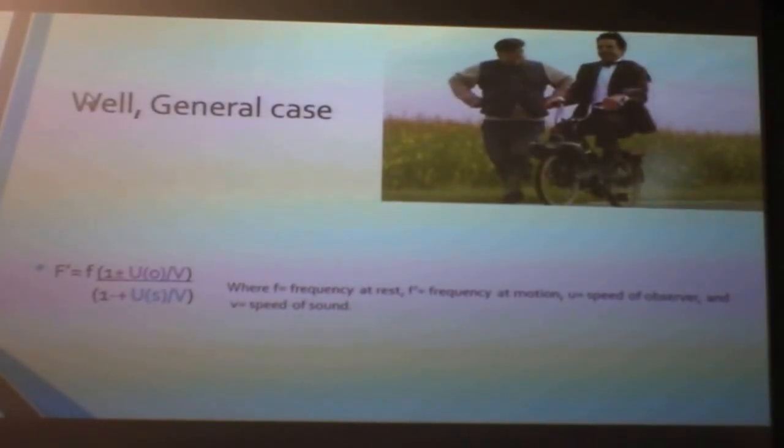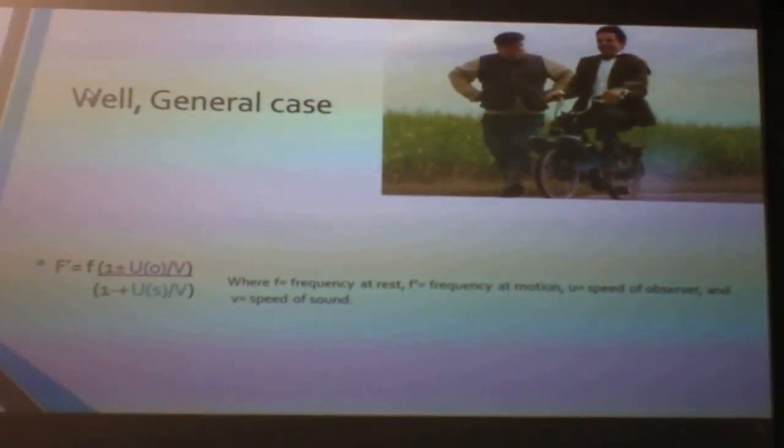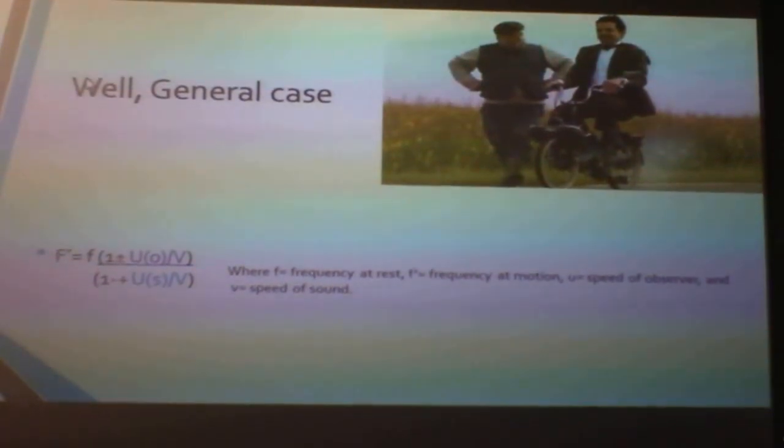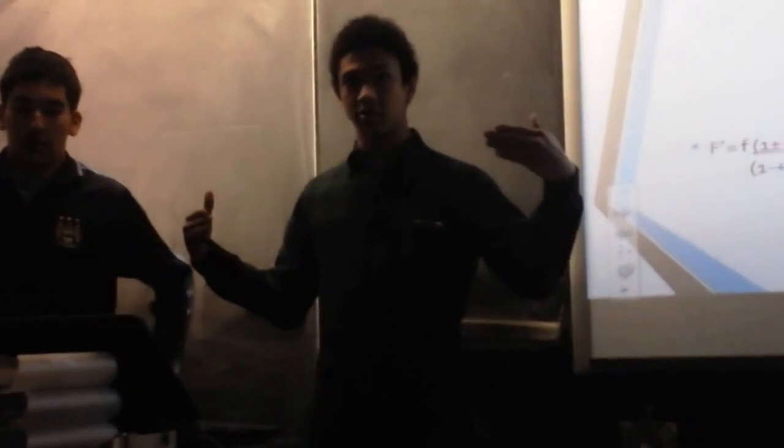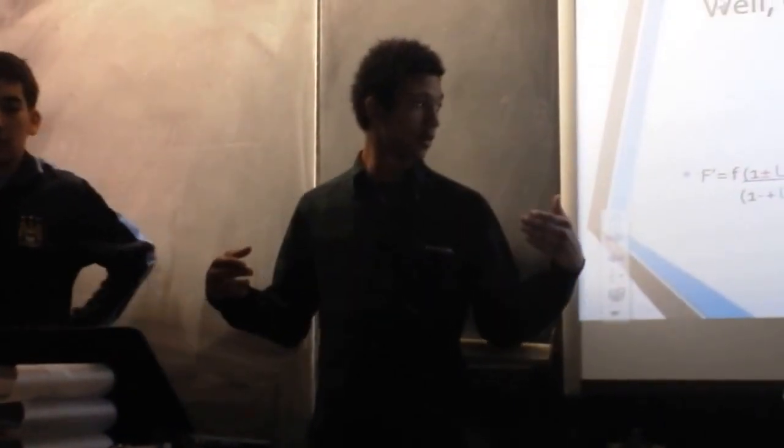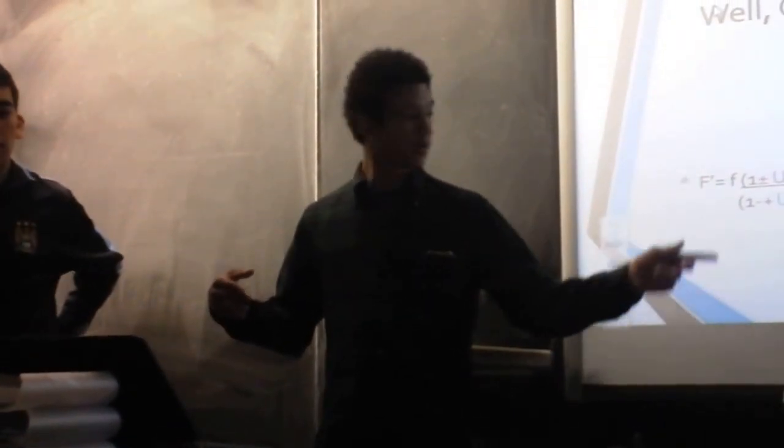General case. We didn't do the general case, but that's basically where the source is moving at a certain speed, and so is the listener, and they're going either towards or away, and that's how you calculate frequency prime.